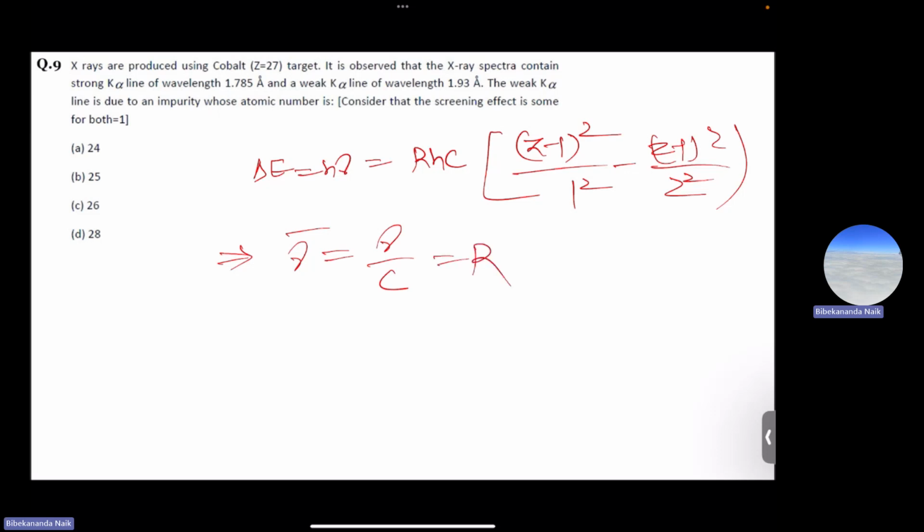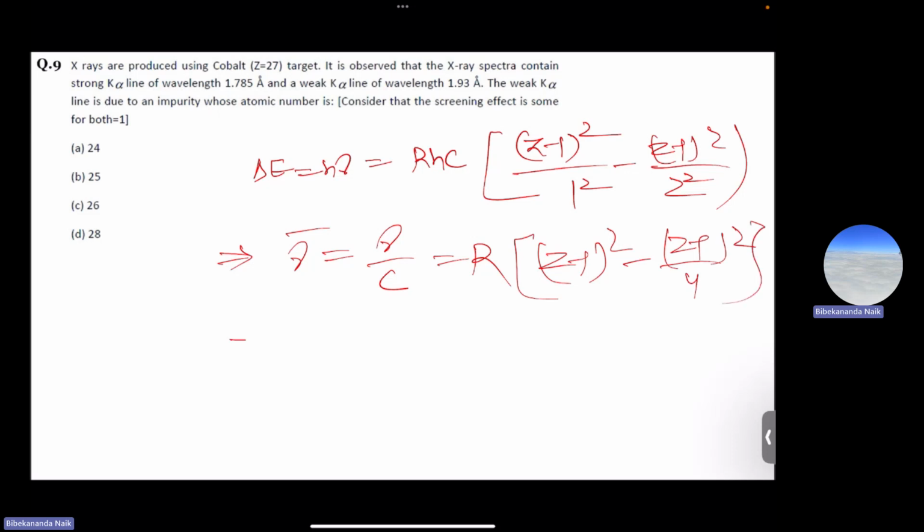So this is the wave number nu bar. We will calculate the wave number, then we will calculate the value of Z. So nu bar, which is frequency by velocity, will be R (Z minus 1) square minus (Z minus 1) square by 4.